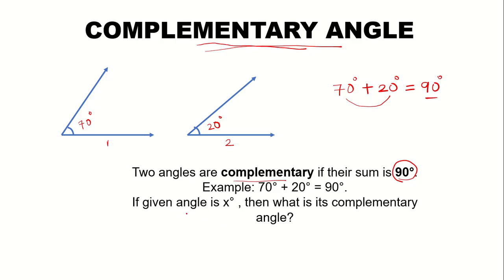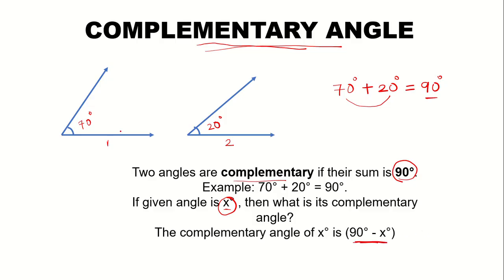When the given angle is x degrees, what will be its complementary angle? So, when x degrees angle is given, its complementary angle will be 90 degrees minus x degrees. As you can see here, one angle is 70 degrees. So, let's say this is x degrees. When you want to find the complementary angle of this 70 degrees, how will you find it?